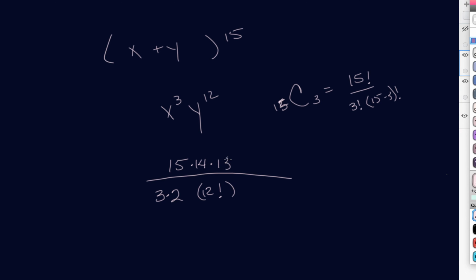After that, there's nothing else because 12 factorial will cancel out with the 12 factorial up here. And now I can cancel out a couple of things here. Like I'm going to say 15 divided by 3 is 5. I'll cut this in half, 7.